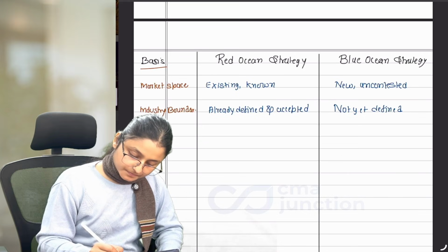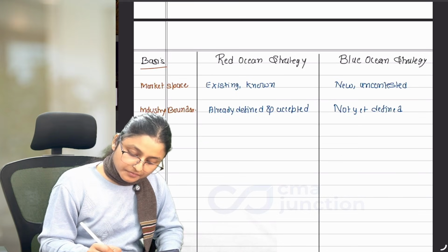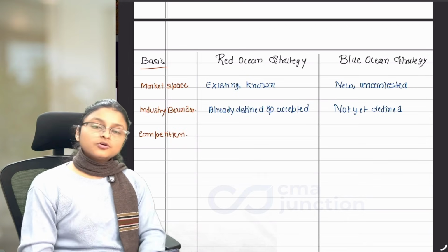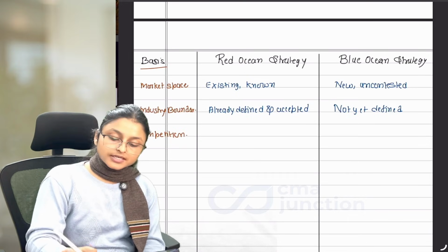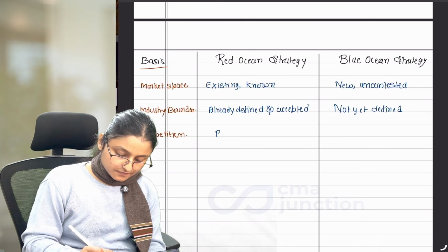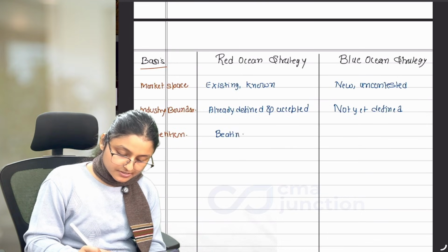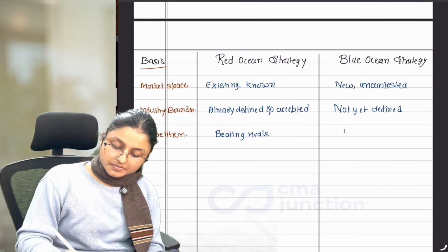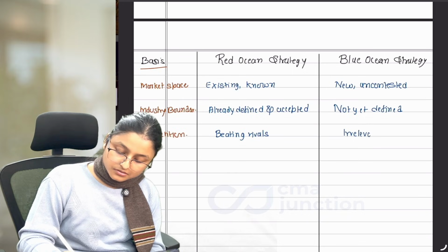Next, competition. Try to remember before writing. Try to recall what you have read. So, competition in red ocean is high, right? We try to beat our rivals here. But in blue ocean, the competition becomes irrelevant.